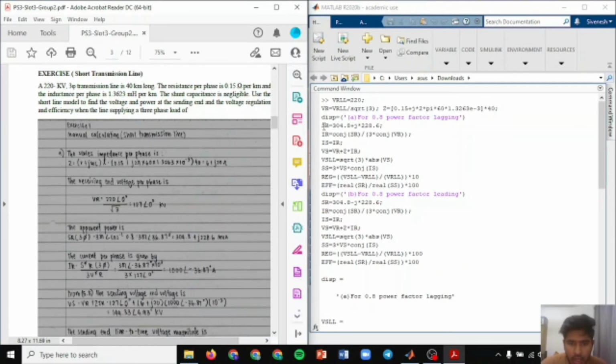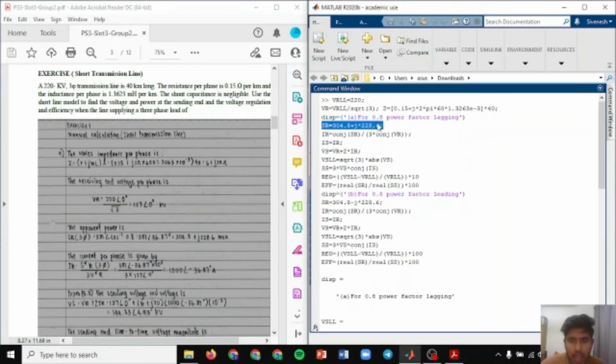The lab sheet had formulas for SR as stated here, and IR, then IS equals IR, then the formula of VS, then the formula of VSLL and SS. We also have the regulation and EFF formulas.